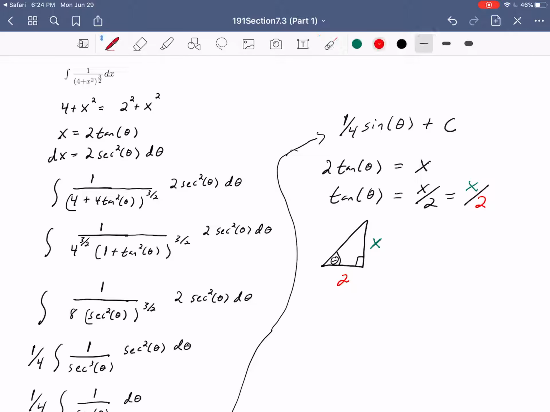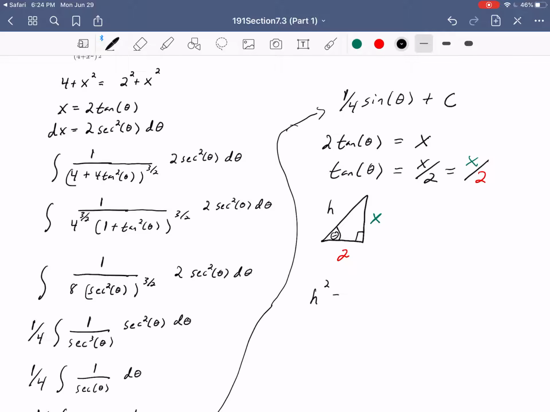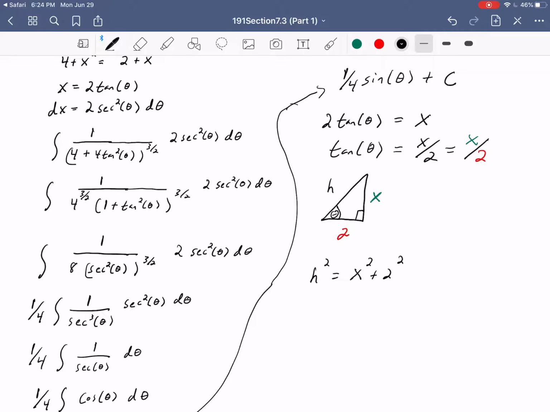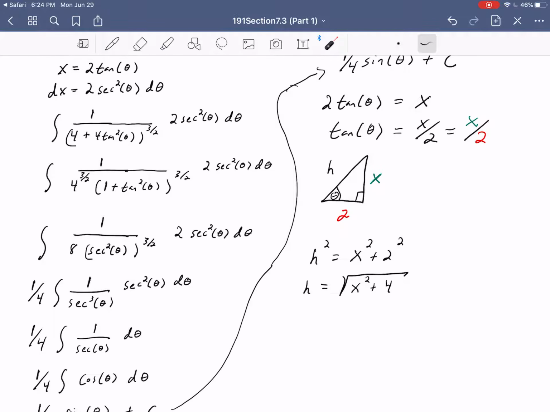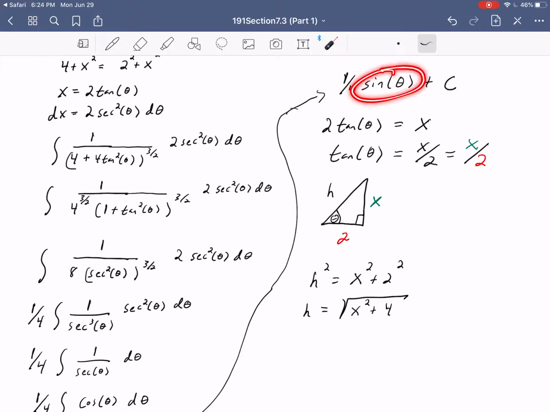Well, then we can use Pythagorean theorem to determine the hypotenuse. The hypotenuse squared is supposed to be x squared plus 2 squared, which means that the hypotenuse is supposed to be the square root of x squared plus 4. What did we want? We wanted sine of theta, which of course is your opposite over that hypotenuse.